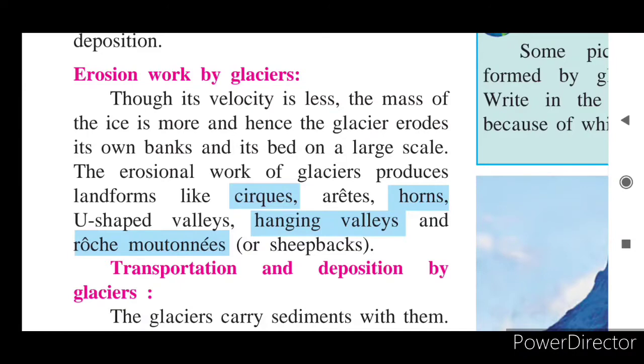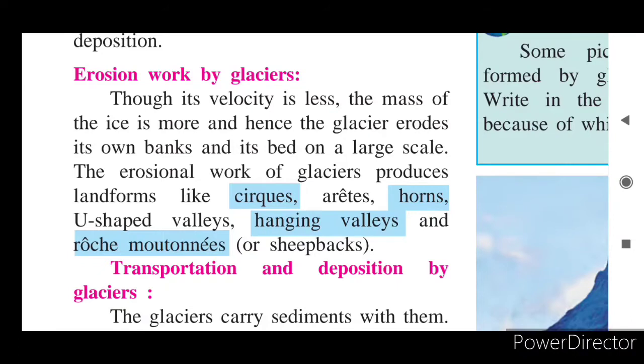The erosional work of the glacier produces landforms like... So now we have to study the landforms. In a river we have seen V-shaped valleys form. We have seen meanders, deltas and alluvial fans formed. But due to the erosional work of the glacier, which landforms are formed?